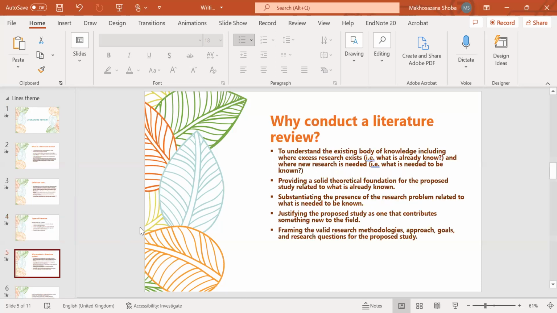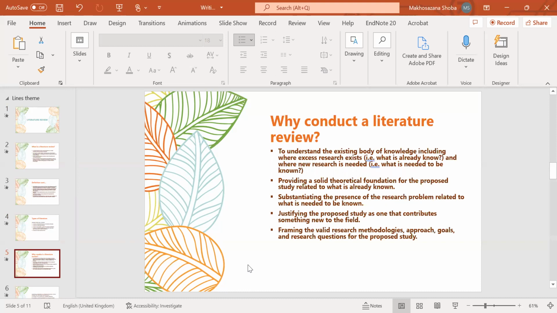Why conduct a literature review? You want to understand the existing body of knowledge, including where research exists, in other words, what is already known, and where new research is needed, meaning what is needed to be known. I'll explain this.